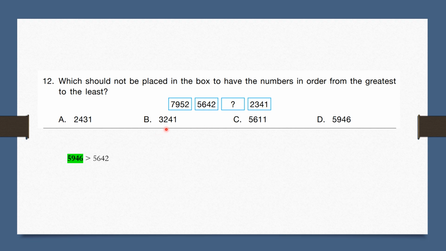If we put 3,241, it is still in descending order. If we put 5,611, it is still in descending order as it is less than 5,642. But if we put 5,946, it is more than 5,642, so it won't stay in descending order. So our answer is option D.